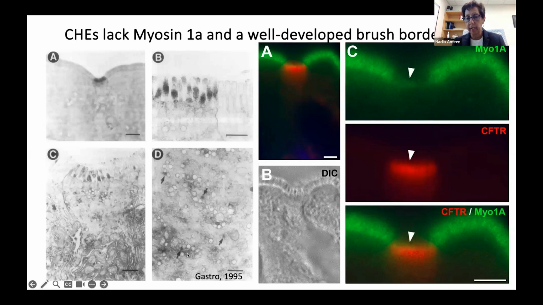Myosin 1A, we showed, is important for the trafficking of CFTR into the brush border. But these cells traffic CFTR robustly, even though they lack myosin 1A, and we still did not understand which motor was regulating the trafficking of CFTR in these cells.